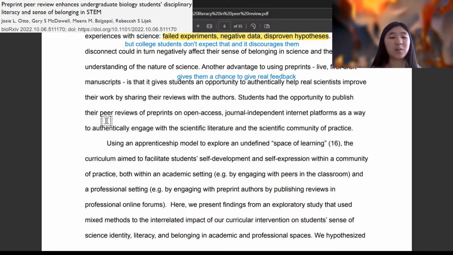Students had the opportunity to publish their peer reviews of preprints on open access, journal-independent internet platforms as a way to authentically engage with the scientific literature and the scientific community of practice.